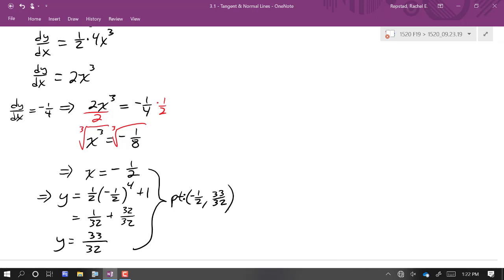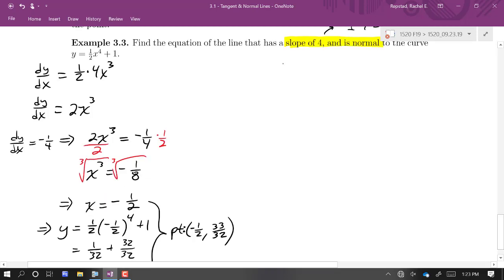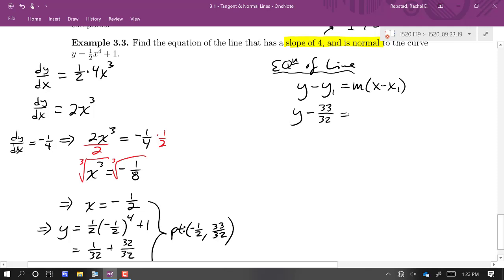What's left to do? Yeah, we want the equation of the line. We have a point, we have a slope. So we're ready to just set this up. Again, I'm going to use point slope form. What's our slope? 4, yeah, they gave that one to us. And then x plus a half.